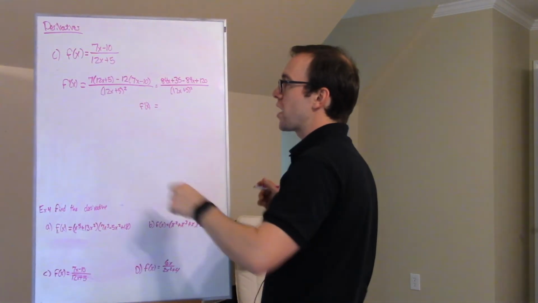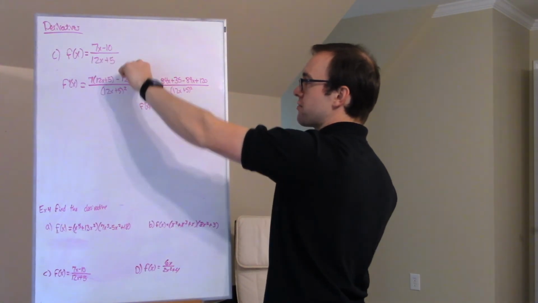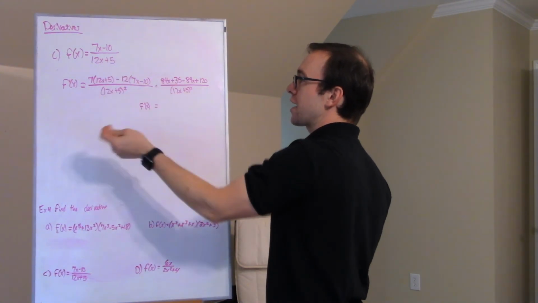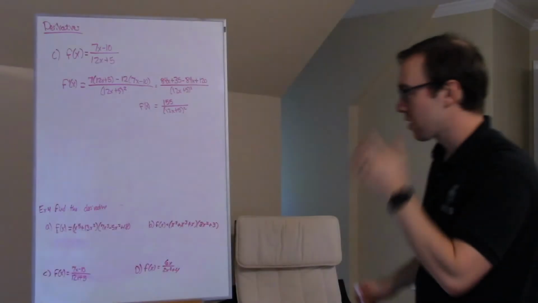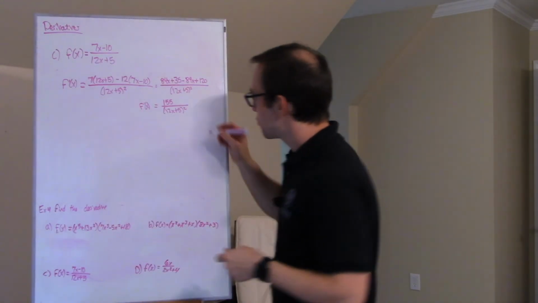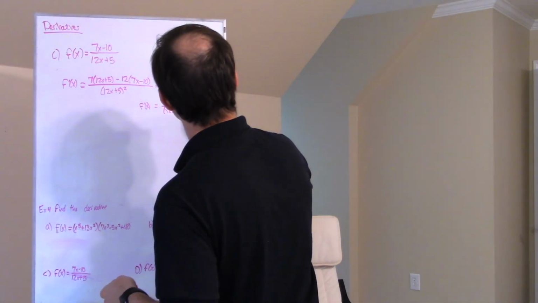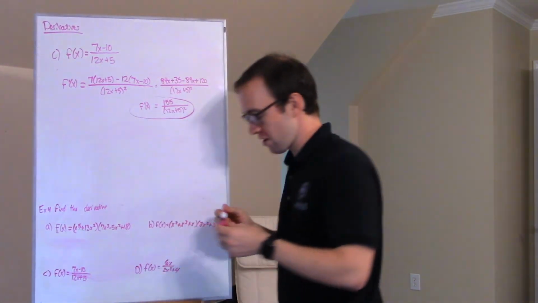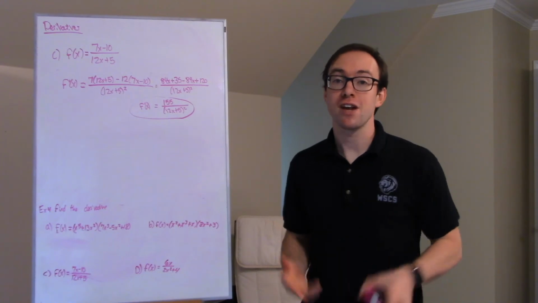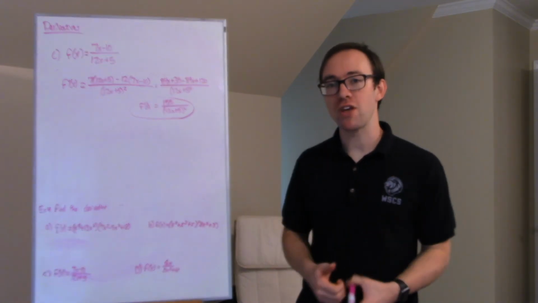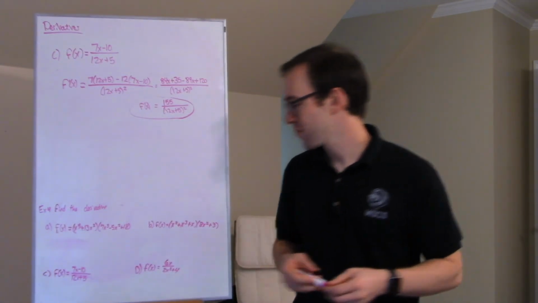So the top goes to 84x plus 35 minus 84x plus 120. So when you combine like terms, you get 155 over the denominator of 12x plus 5 squared. That's your quotient rule. So now we're going to look at part D, the final example dealing with the quotient rule.